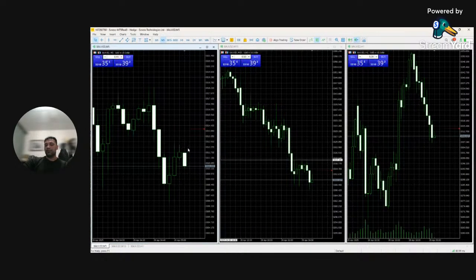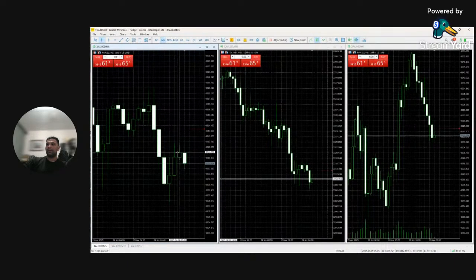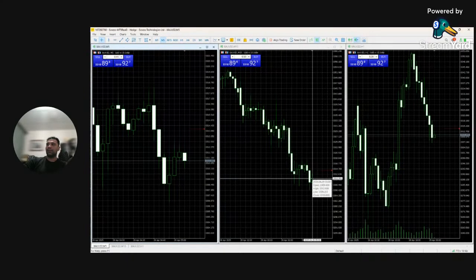The wick that you are looking at here for this 15-minute bar is actually based on this. So this is the opening and this is the closing. That's why we are looking at this type of bar right in here.